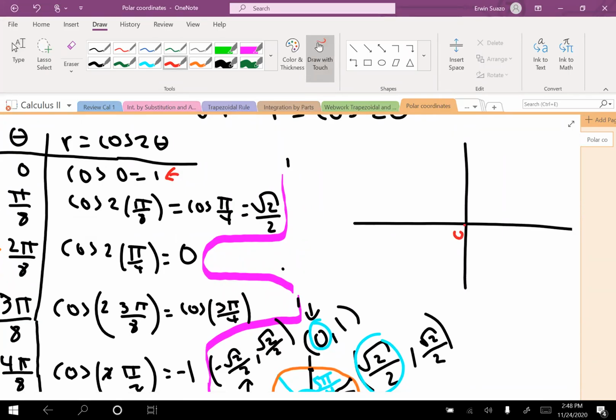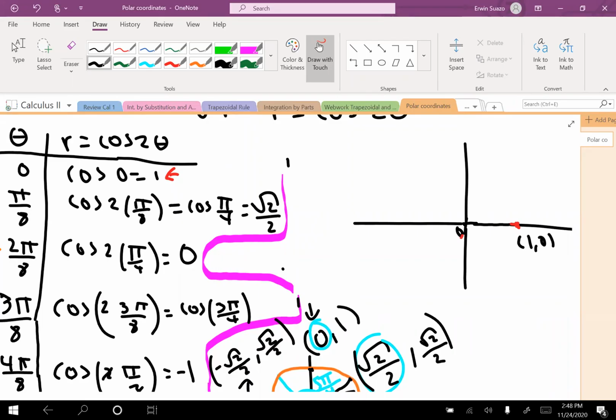My angle is 0, so I need this point 1. Actually, I forget about the line because it's just a point. So let me erase this one. So that's my first point. This point is angle 0, so this is 1, 0.